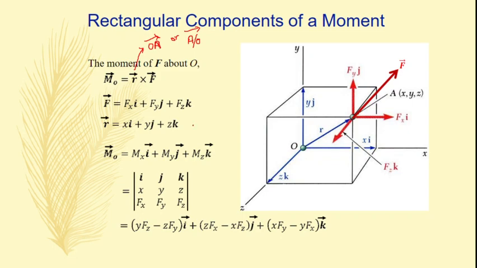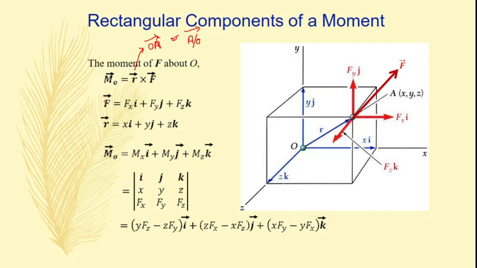Now in place of R, the position vector, we can write OA, and if we want to calculate the moment about this point O, we have to take the cross product, that is R cross F.